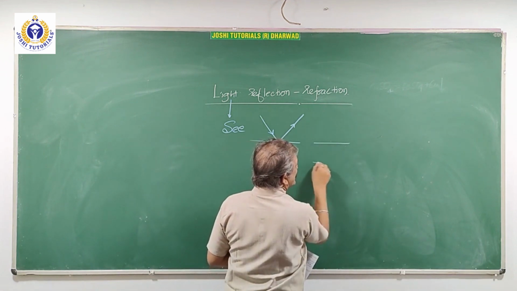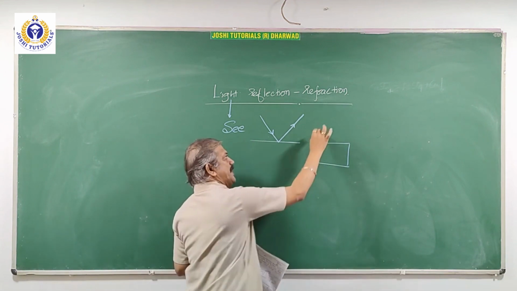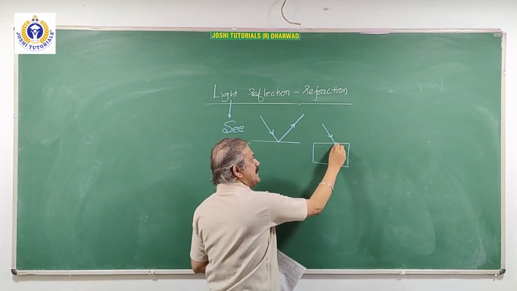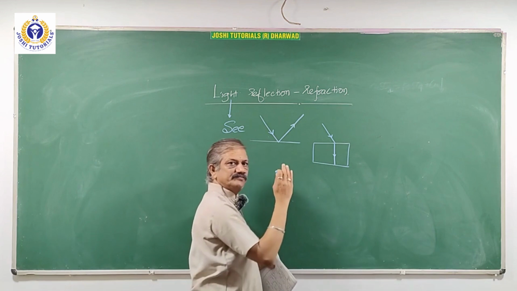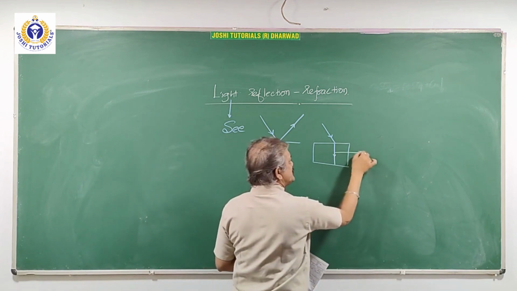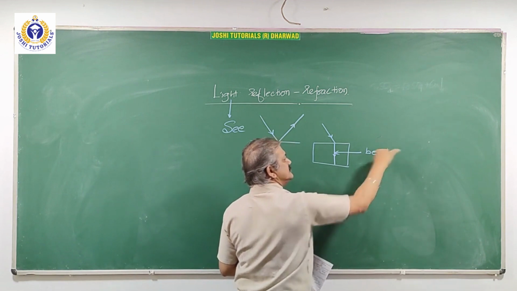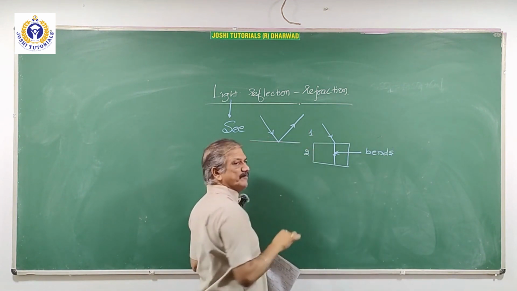Suppose there is a glass. When a ray of light travels, remember, it enters into another medium, it bends. It changes its direction. It bends when it travels from one medium to another medium.